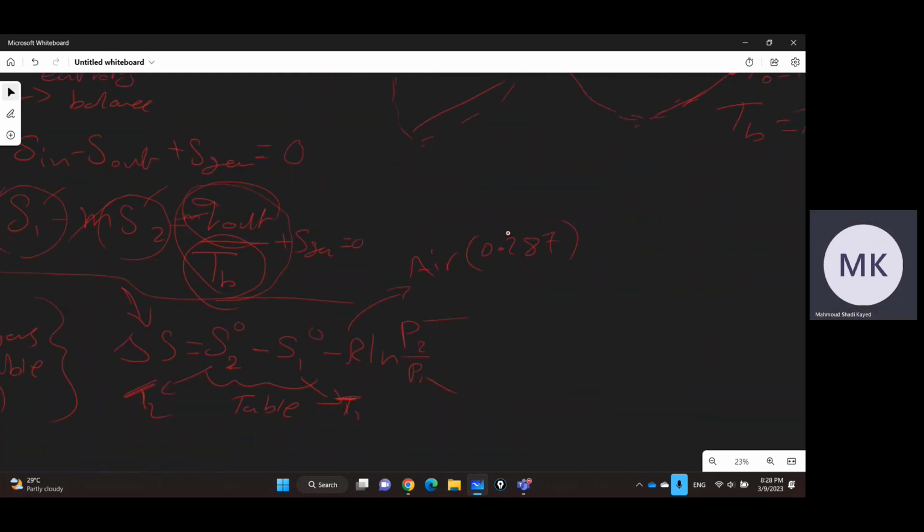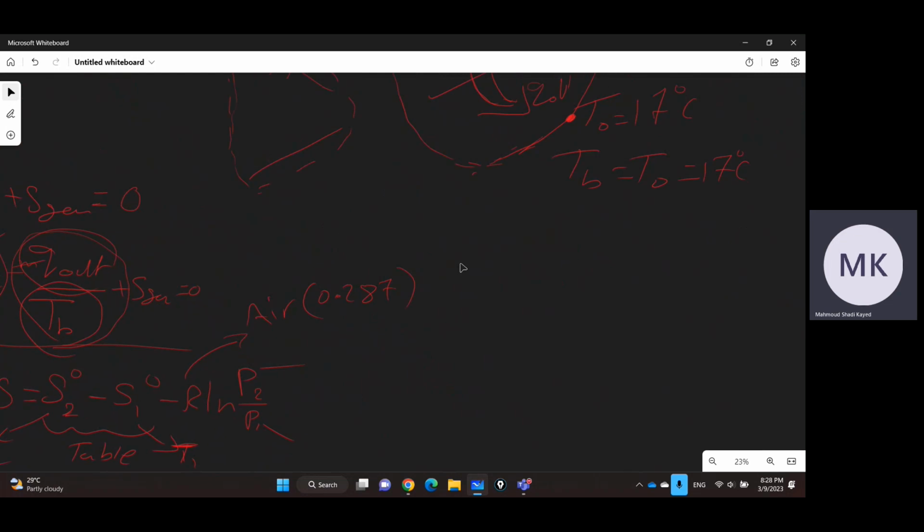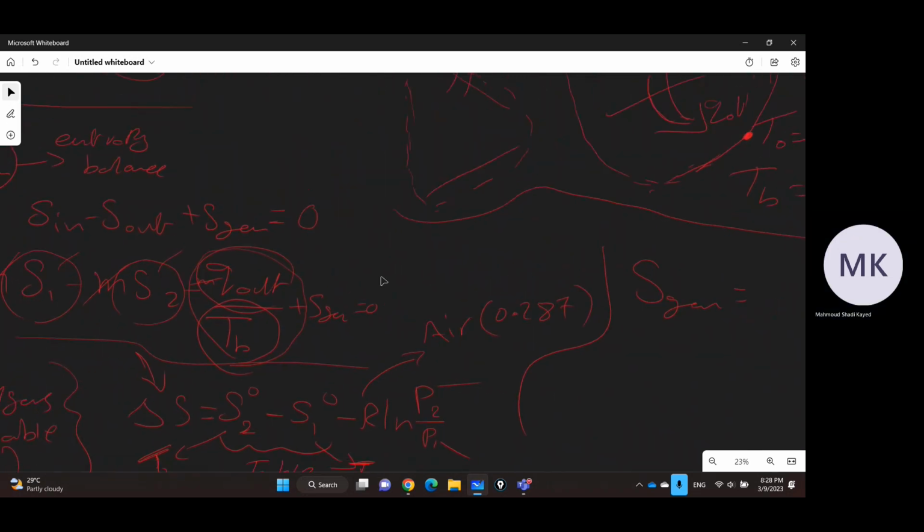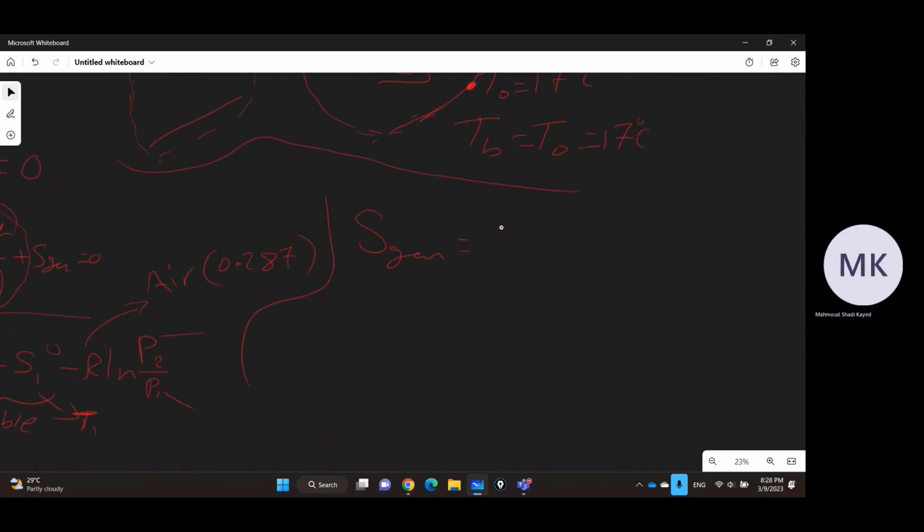So from here we find the entropy generated, and it will be equal to S2 minus S1 plus the Q out divided by T naught in this case.